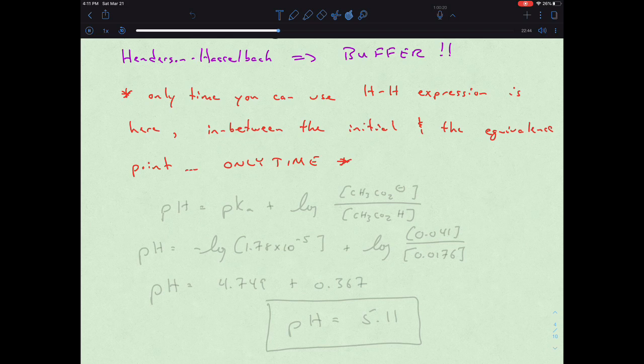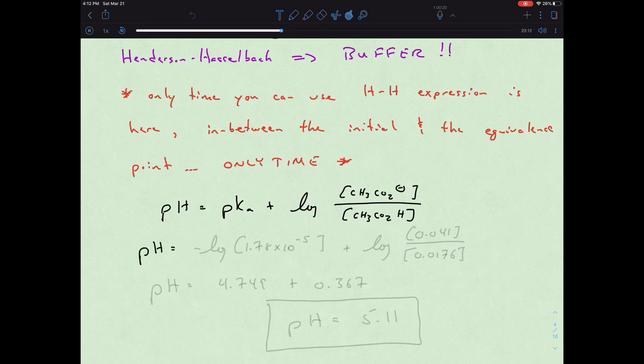So if you can realize that this is a buffer, you can use the ice table method, which I've shown above, or we could use the Henderson-Hasselbalch, which would look something like this.